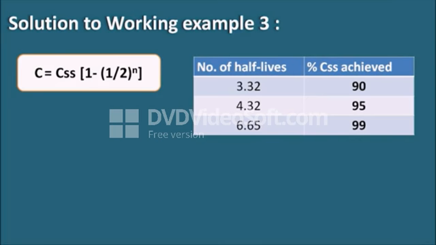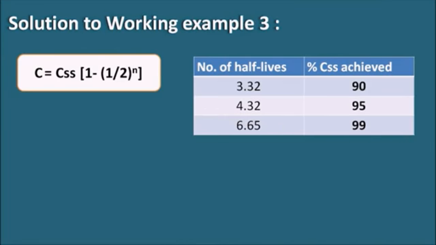It can be remembered very easily. You have to remember how many half-lives are required to achieve 90%, that is 3.32. For 95% you have to add 1, that will be 4.32, and for 99% you have to multiply the value of 90% by 2, that is 6.64 or 6.65 half-lives. In this way you can remember this table very easily.